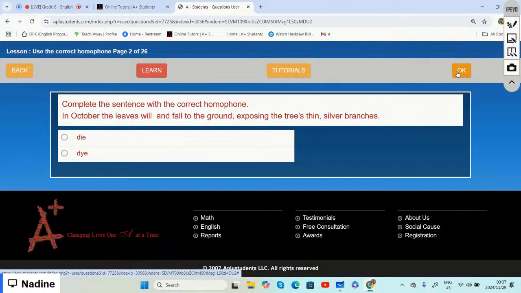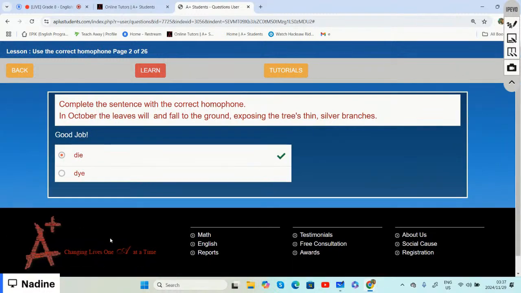And if we were to choose the correct option, we will say it will die, because the second word, dye, is the color.